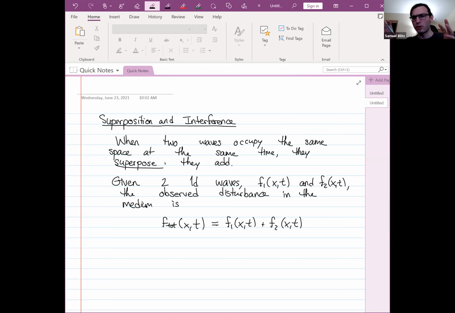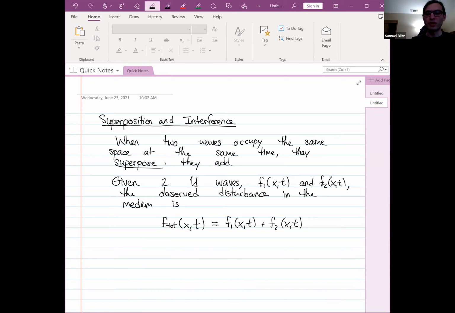I'll write it more explicitly in the homework, but I'm going to ask you guys to do that. And that is true. If you have two waves, then the sum of the two wave functions that describe them is also a wave. That's interesting and not at all obvious, actually.